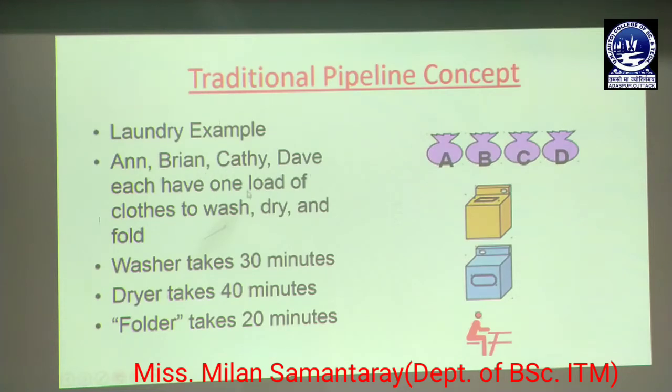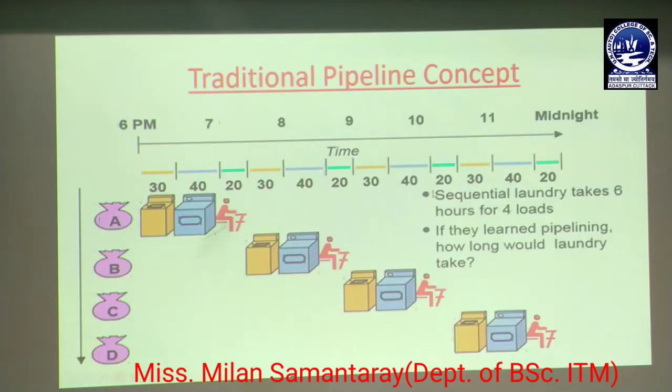They have one load of clothes each to do these operations. The washer takes 30 minutes, the dryer takes 40 minutes, and folding takes 20 minutes. If we perform these operations in a sequential manner, it will take approximately 1.5 hours. Here you can see the sequential laundry takes 6 hours for 4 loads.